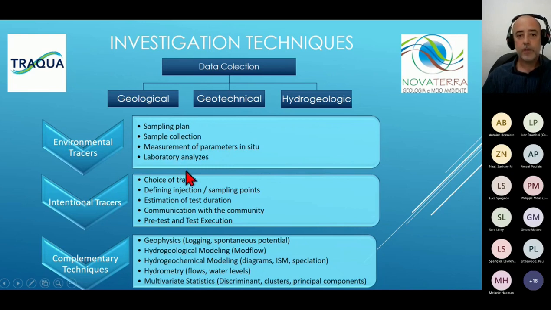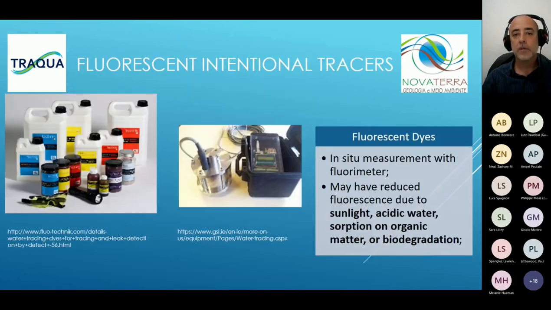Okay, it is important before this step to do the characterization of the site. So fluorescent dyes can be used in these dams.